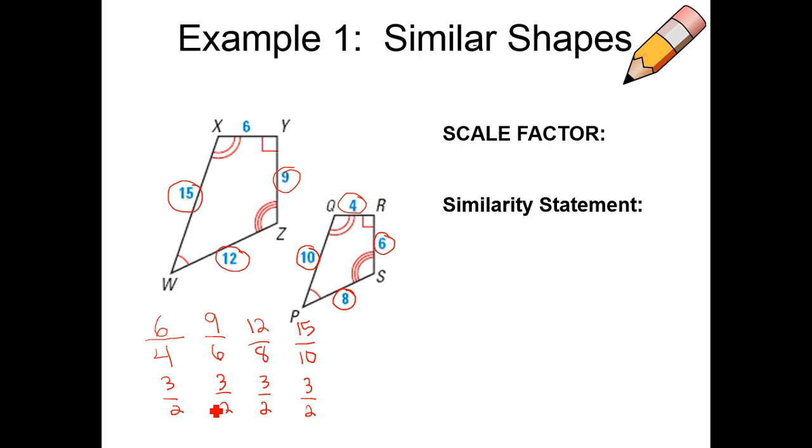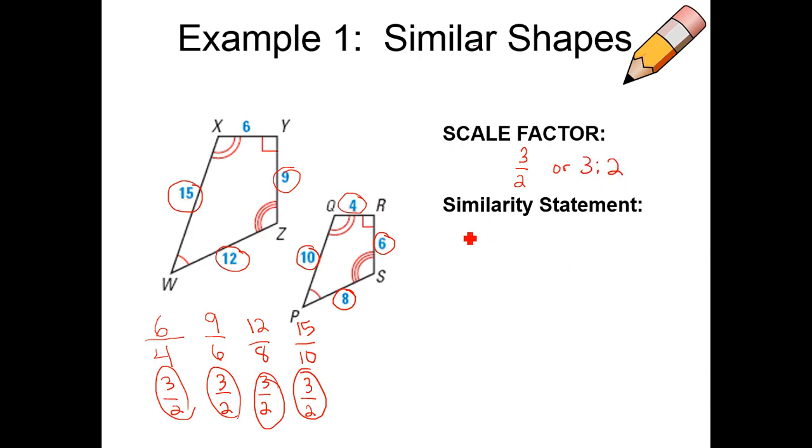That means that all the ratios are the same, therefore the side lengths are proportional, and this example is one of similar figures. So the scale factor, when you compare one shape to another, is this reduced ratio that keeps coming up. All of these sides reduce down to 3 over 2. So the scale factor would be 3 over 2, or you can write it as 3 to 2, like so.